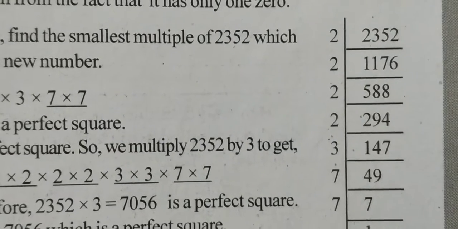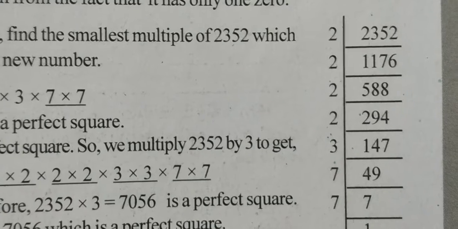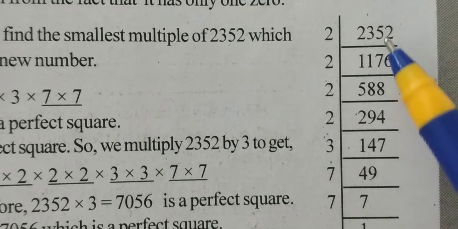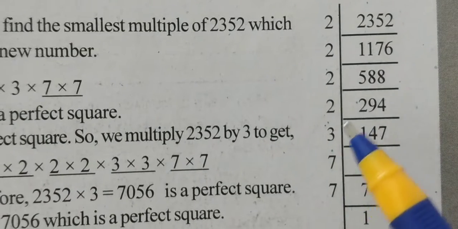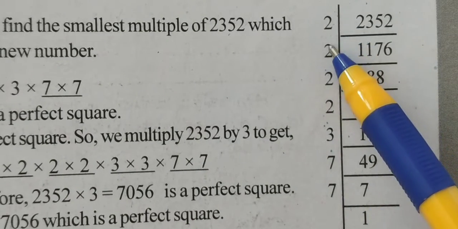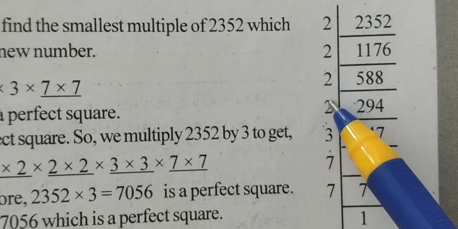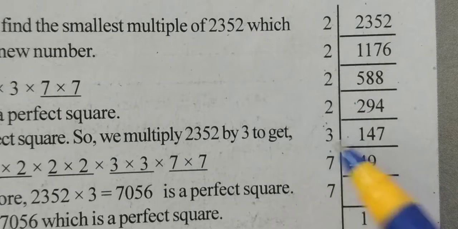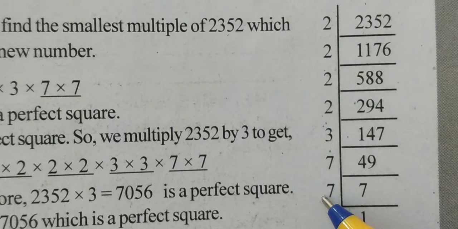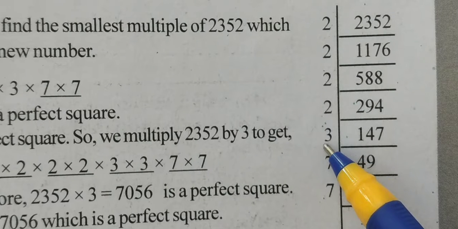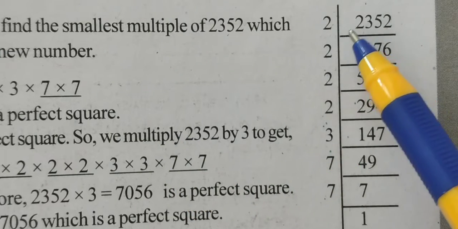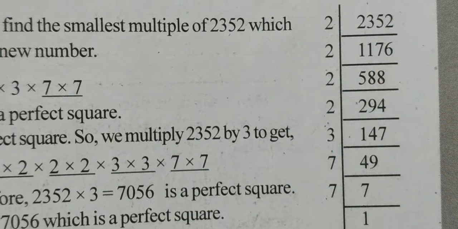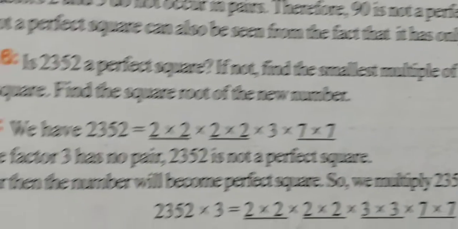So you can see, to check whether it is a perfect square or not, here the number is being prime factorized, and you have got the prime factors. You can see one pair of 2, second pair of 2, 3 is single, and a pair of 7. So 3 is the number which is unpaired, and that means 2352 is not a perfect square.